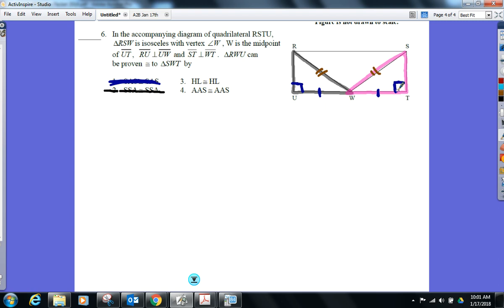So somewhere down in your proof, I would say triangle RWU and triangle SWT are right triangles. What would be my reason there? Right triangles have right angles. And then you could say by HL. So if you end up using HL in a proof, please make sure you tell me they're right triangles.